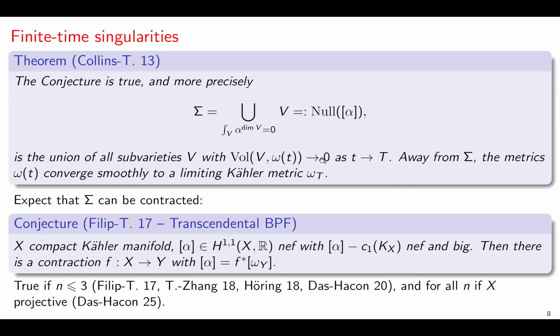You collect them all together, and this big union is Zariski closed. And away from this big union, if sigma is not all of X, then on the complement, you have a smooth convergence to a limiting Kähler metric. And by the way, sigma will be all of X if and only if the limiting class is not big, namely V equals X is allowed in this union.